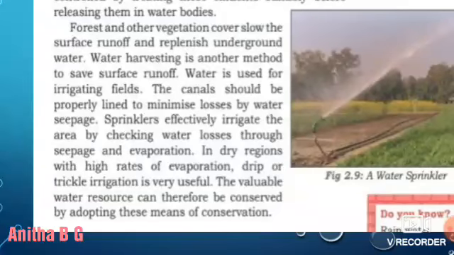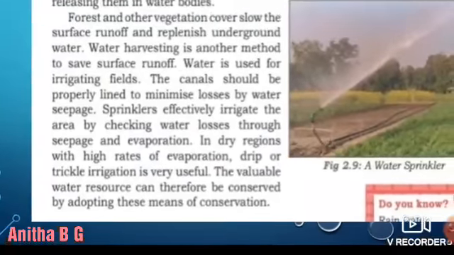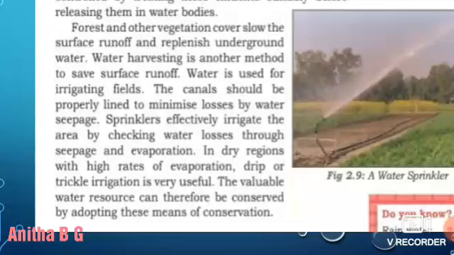In dry regions with high rates of evaporation, drip or trickle irrigation is very useful. The valuable water resource can therefore be conserved by adopting these means of irrigation.